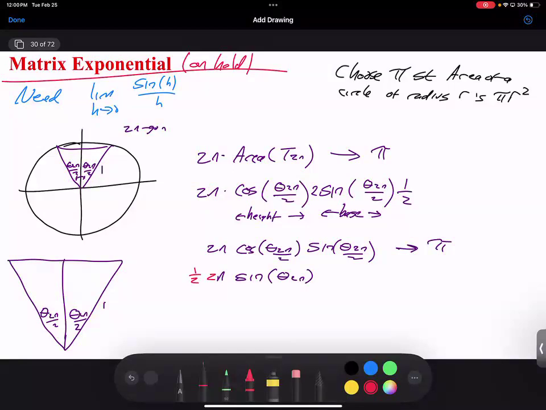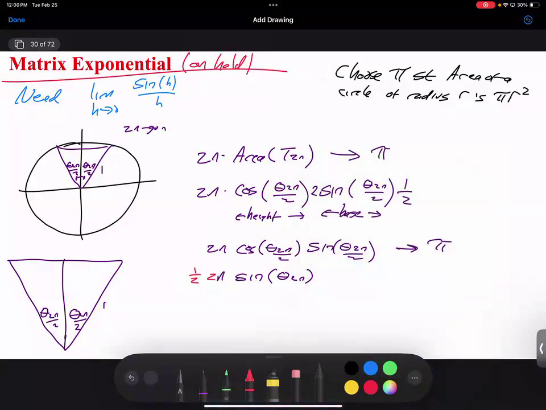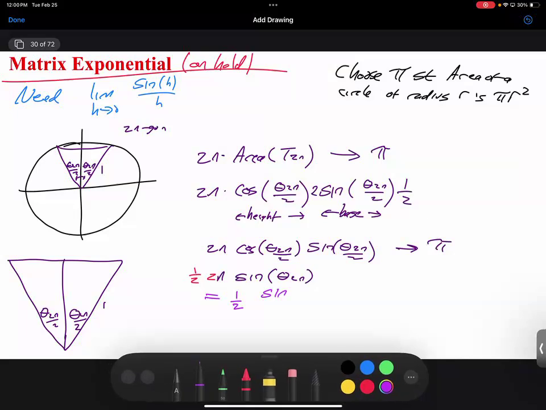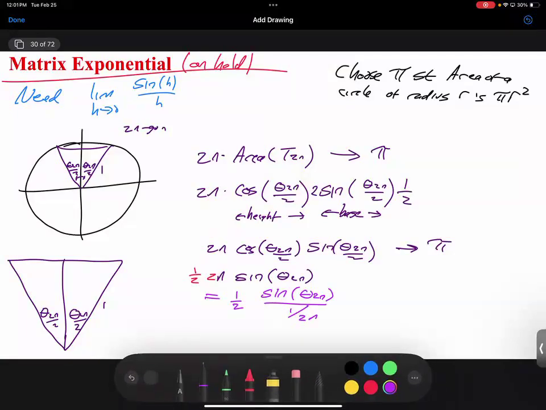Because I have a theta 2n, I want to have a 2n over there. So this is going to be equal to 1/2 times the sine of theta 2n over 1 over 2n. And this converges to pi.